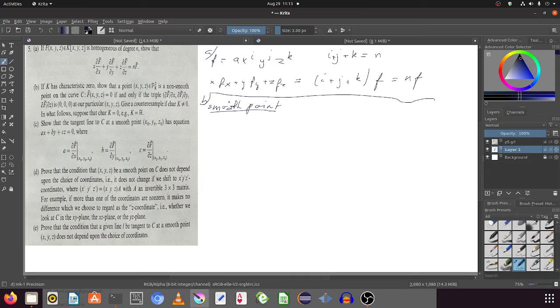Oh, it says on the bottom of page 9, we say that C is smooth at a point if the two partial derivatives are not both 0. That's the affine space.